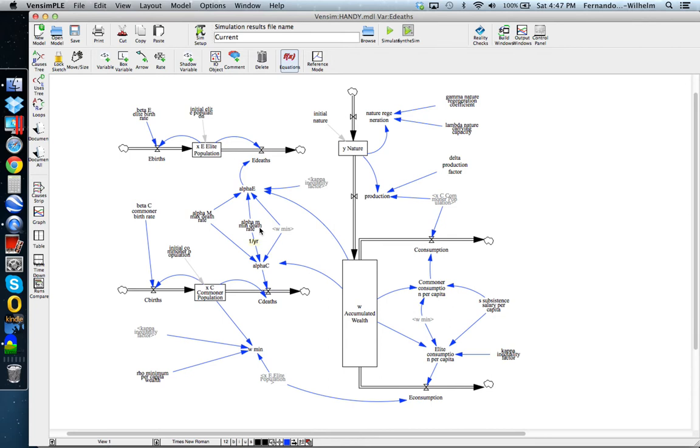The death rates are between these two values, and the variation between these two is a straight line, and that straight line is modulated by the relationship between a minimum wealth and the existing wealth in the system, the ratio of those two, and the inequality factor to account for the presence of elites in this case. Let's see how those shake out in the equation, and you'll see that the equation for alpha E is going to be very similar for alpha C, which is for the commoners.